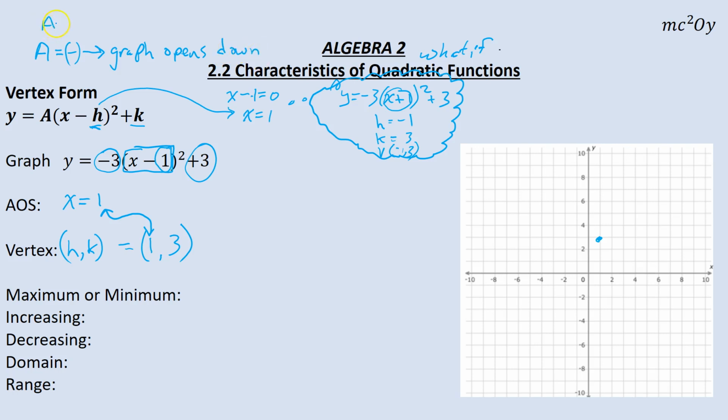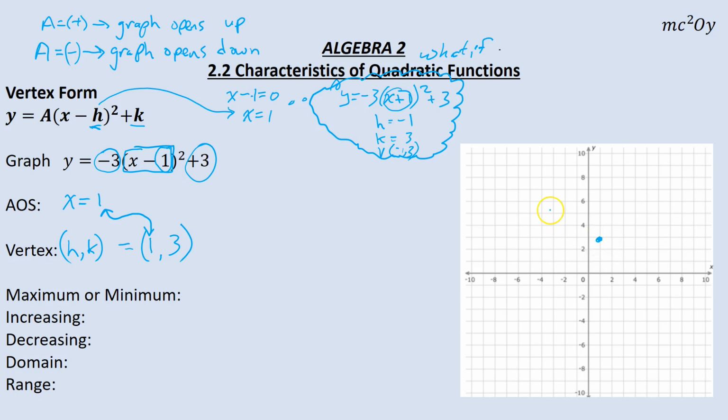When a is positive, just like in our previous problem, the graph opens up. Hopefully you remember that from when we did transformations of functions. This is just a reflection over the x-axis. So that's what the negative is. It means I am opening downward with this graph.